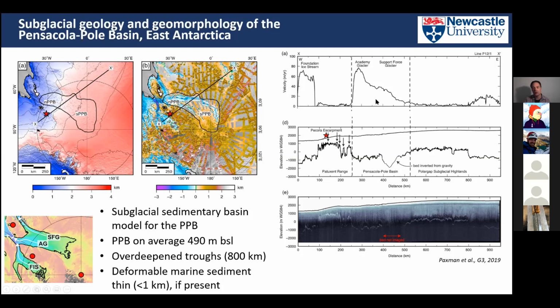Obviously there are lots of factors which drive ice flow, but you can see that in large parts of the deep subglacial bed, in the deepest parts of the Pensacola Pole Basin, there's not a coincident high rate of ice flow through that basin. The rapid ice flow of Academy Glacier is actually offset in some of the intermediate level parts of the basin. So there's some interesting work to be done on the relationship between bed topography, ice surface, and the ice flow.